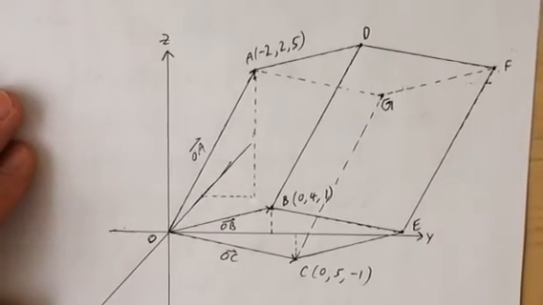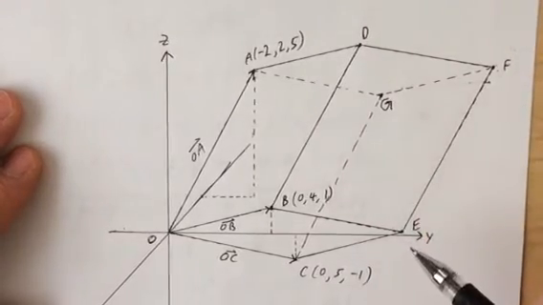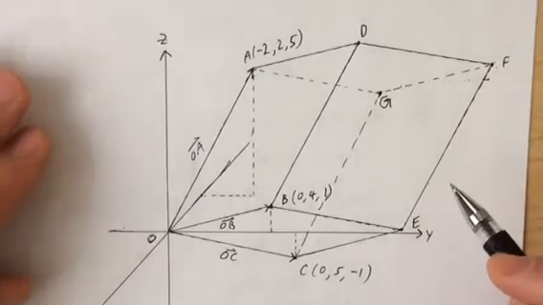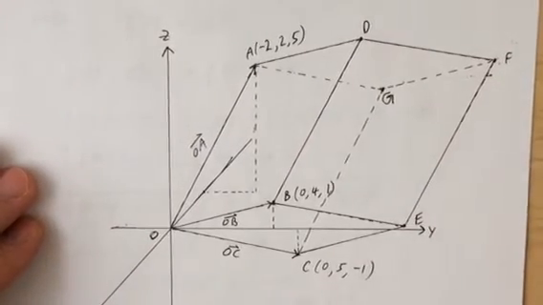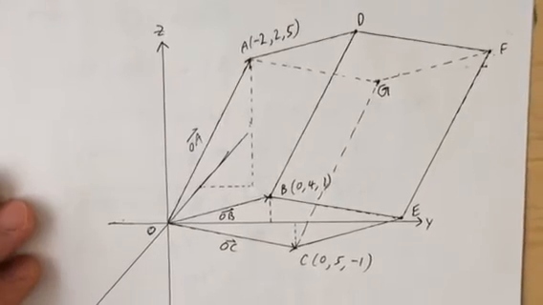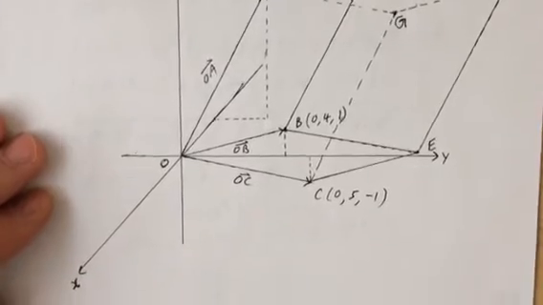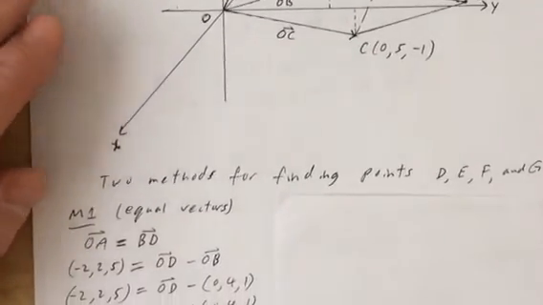Now to get points D, E, F, and G, which I've labeled here, I'm going to show you two methods. Two methods except for point F, I have one method for point F. So method 1. Okay, method 1 is the equal vectors method.